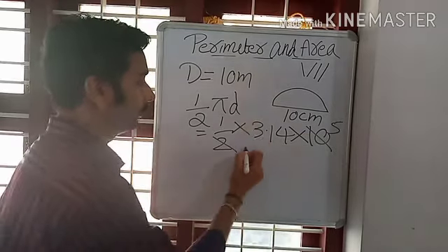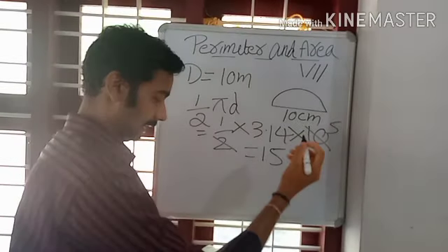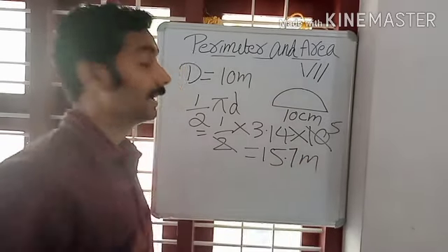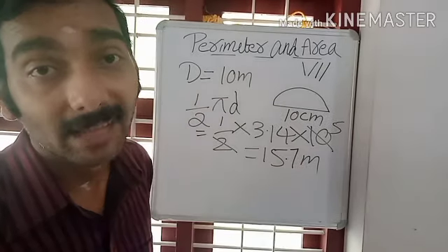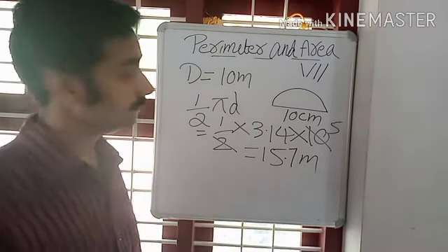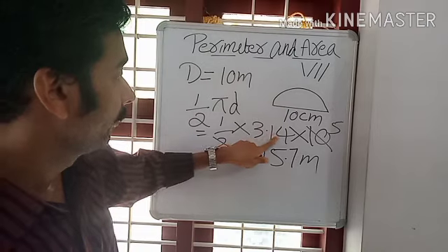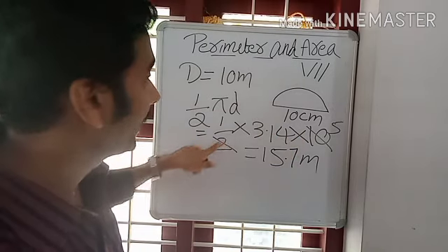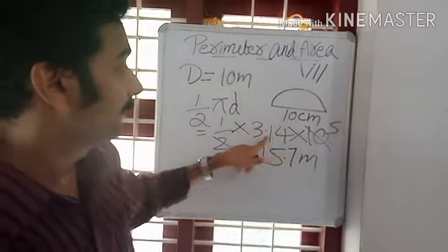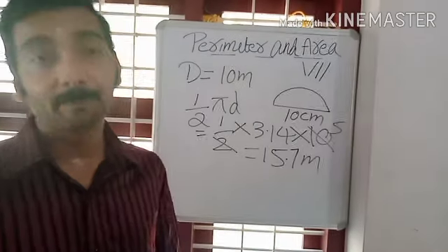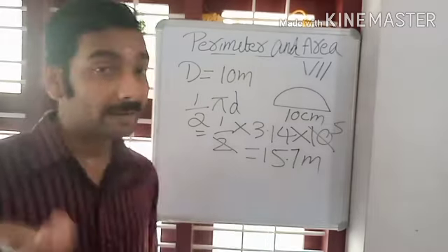You get the result 15.7. 1 into 3.14 is 3.14, 10 divided by 2 is 5, and 3.14 into 5 is 15.7. We find the perimeter.